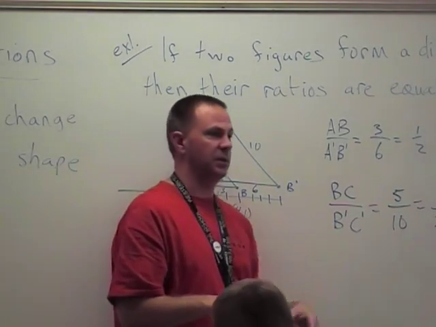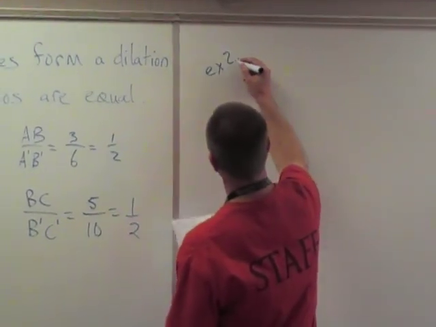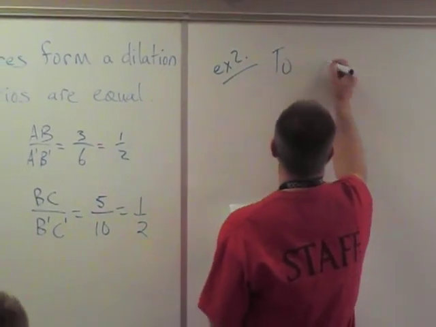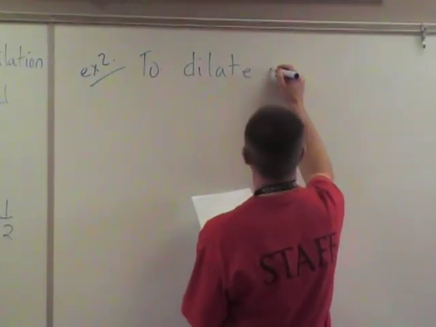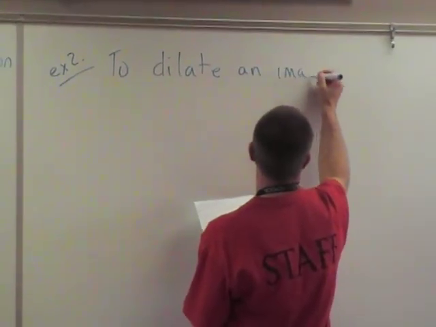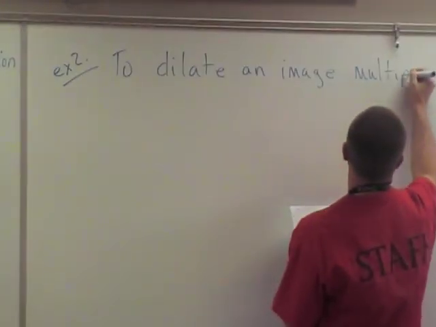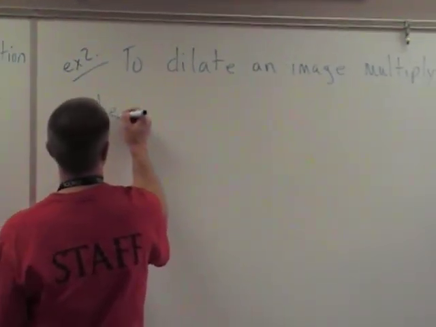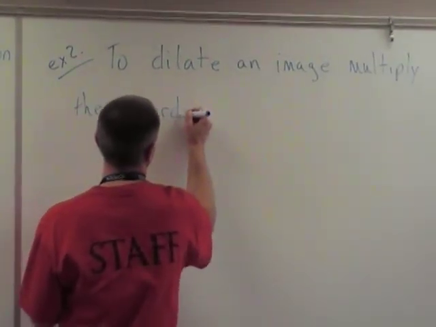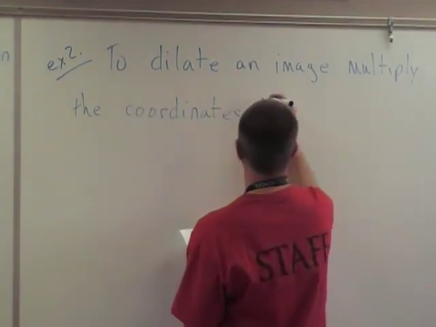Opposite of this ratio. Example 2. To dilate an image, multiply the coordinates by the scale factor.